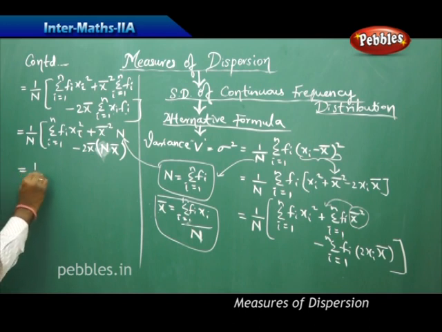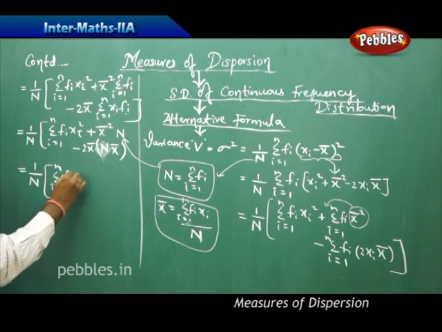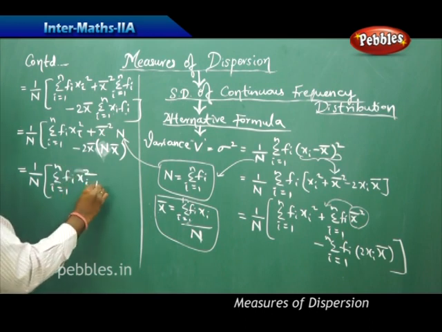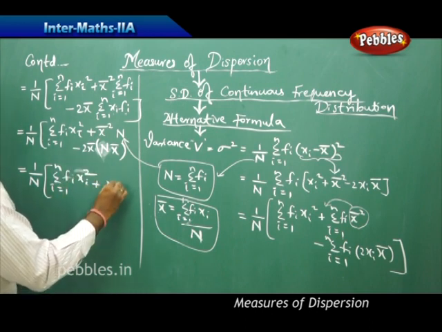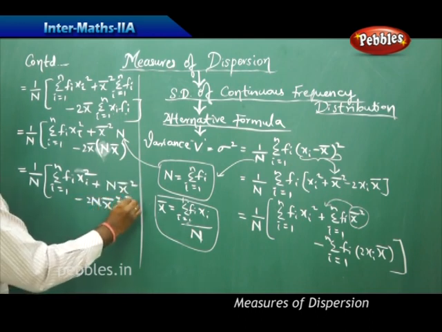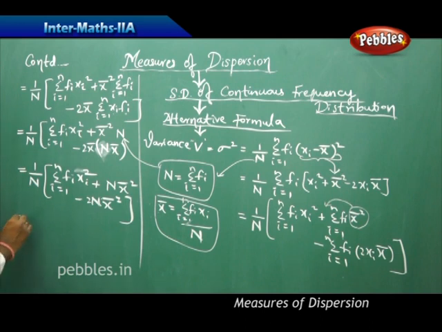So this on further simplification gives 1 by n summation i running from 1 to n fi xi square plus n x bar square minus 2n x bar square is what we get.